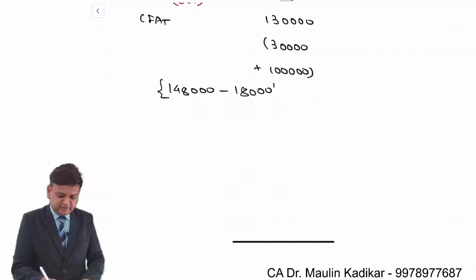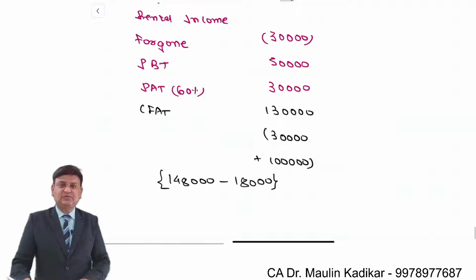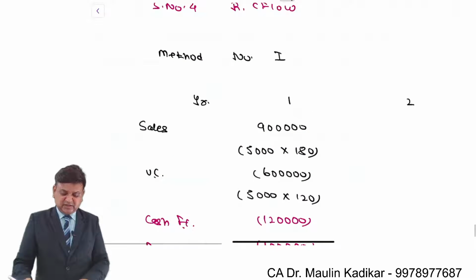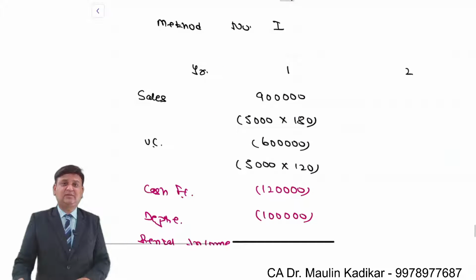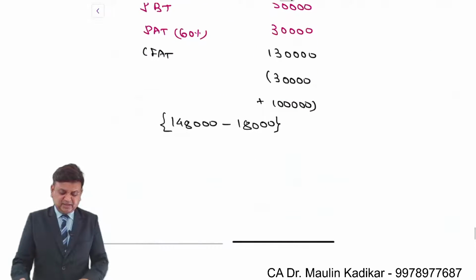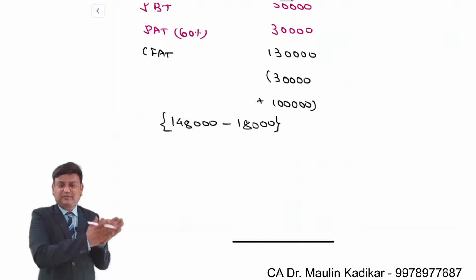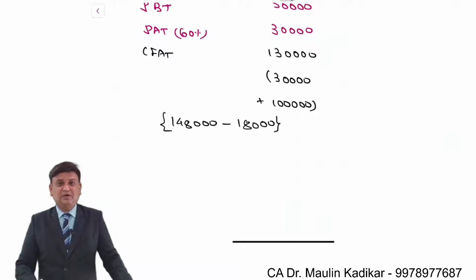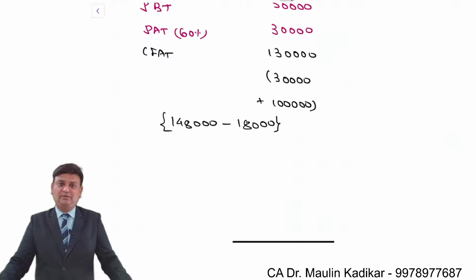The difference of both of them is the incremental cash flow for the first year. Method number 2 is the method in which you compute the separate cash flows for each option, and then you compute the difference. Try to do the incremental cash flow for the second year on your own.